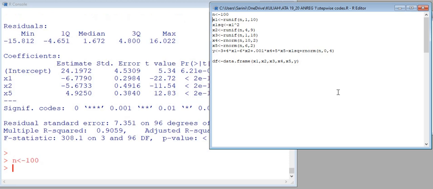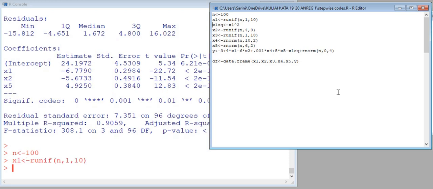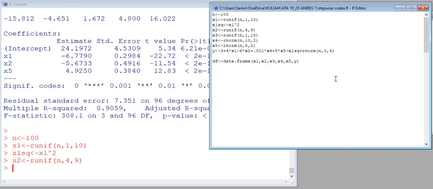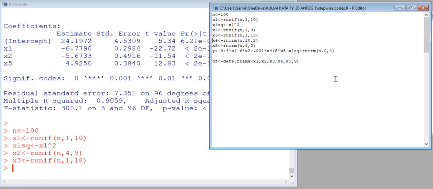I asked for a sample size of 100, and for x1 I generate random numbers from a uniform distribution with the range from 1 to 10. And then I also created x1 squared, and x2 from a uniform distribution with the range of 4 to 9.